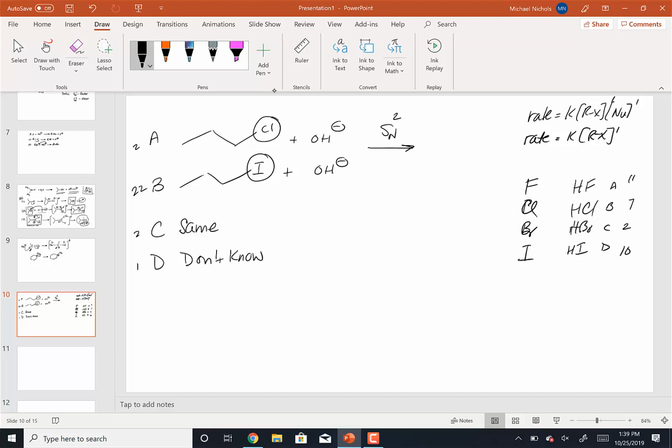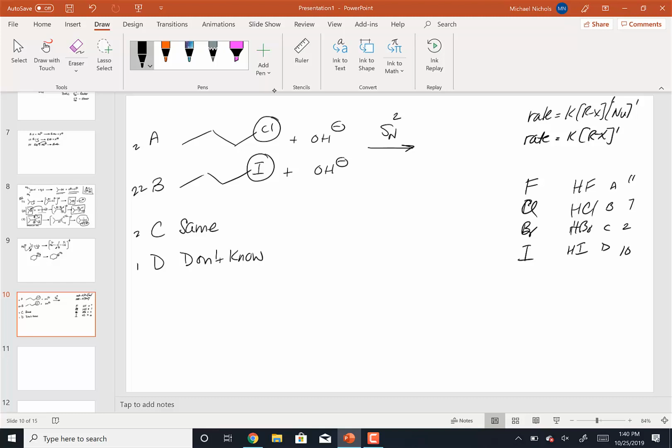Now, in terms of rules of multiple choice test taking, we could probably eliminate this down to 2 possibilities, right? The top or the bottom. Although sometimes it could be in the middle. In this case, it's either HF or HI. When I put HF in water, do I get complete dissociation or do I get an equilibrium? I get an equilibrium.